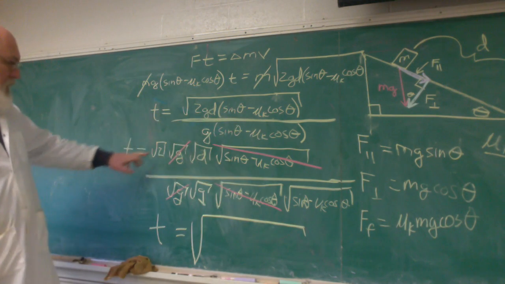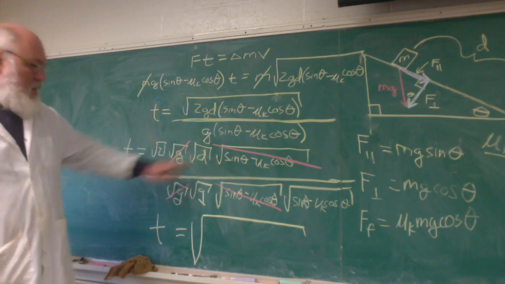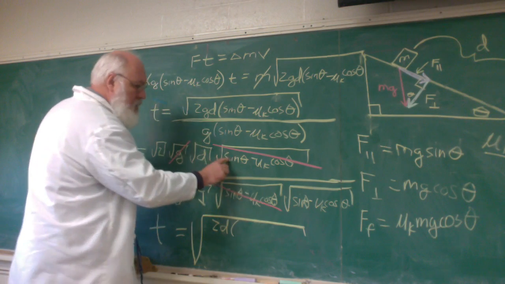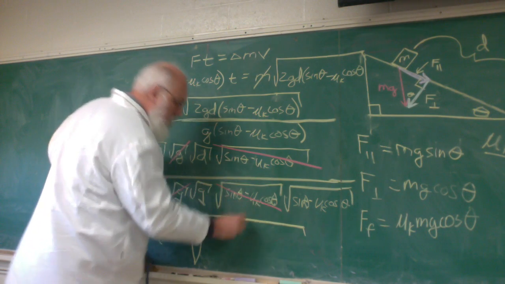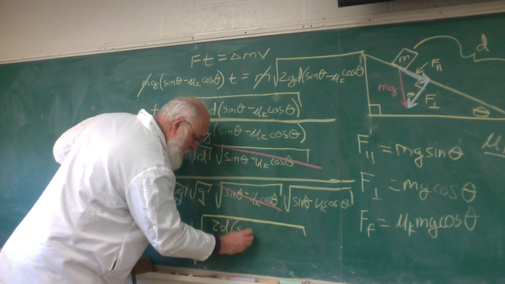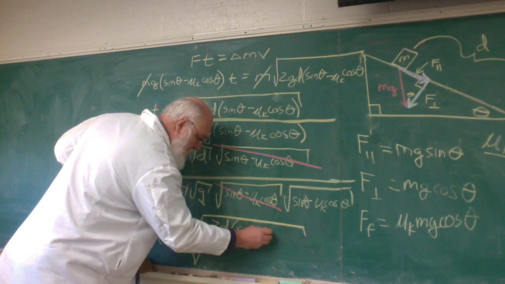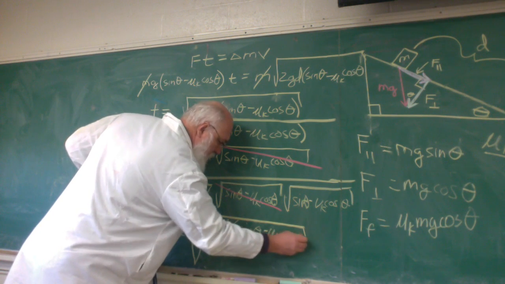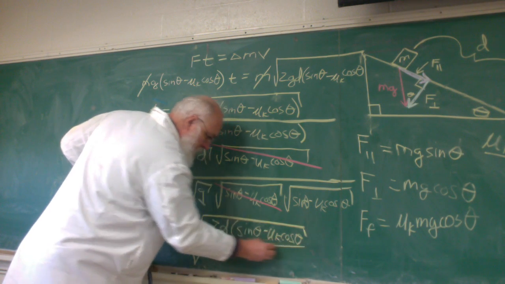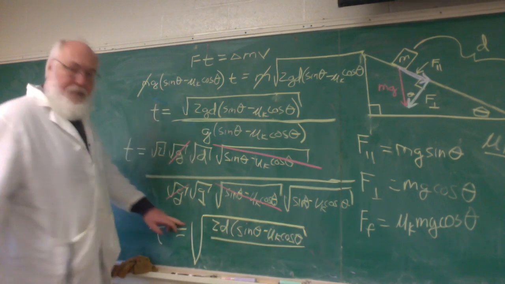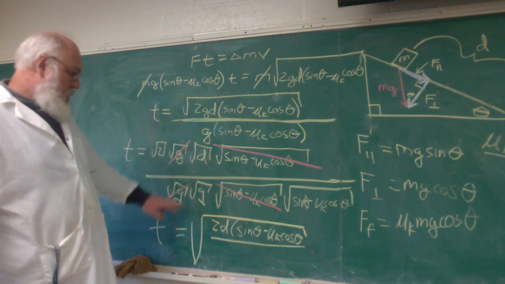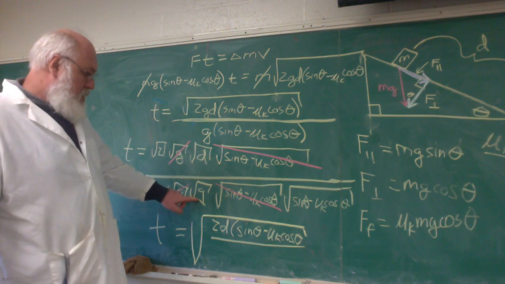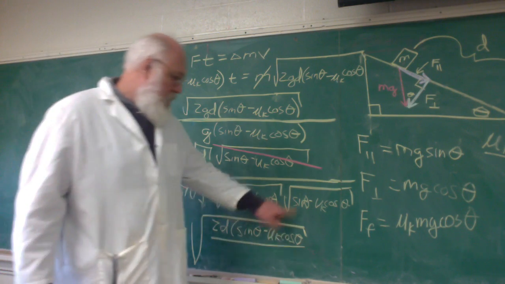On the top we have 2d, and underneath, this is still part of the same big radical, we have g, because we got the square root of the whole thing.